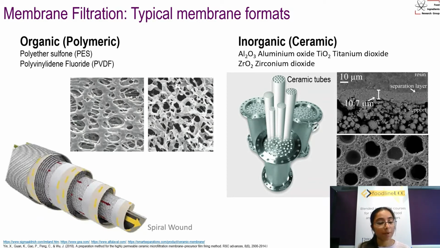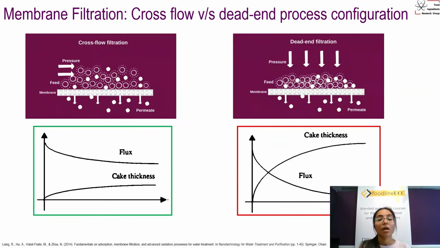The ceramic membrane is more cost intensive than polymeric membranes, but it is highly stable at the harsh temperature and pH conditions used for membrane cleaning. In the dairy industry, the cross-flow membrane filtration configuration is preferred. The accumulation of solids in dead-end filtration, as you can see here, often results in lower flux, which is not ideal for dairy processes.